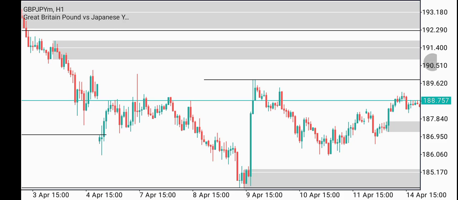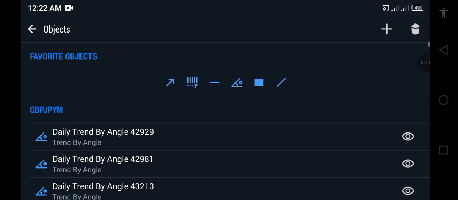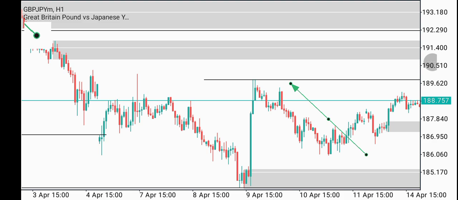So from the 1 hour time frame, what we can see is we had a double top.